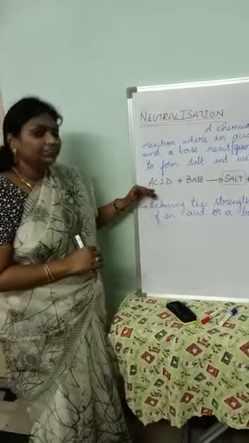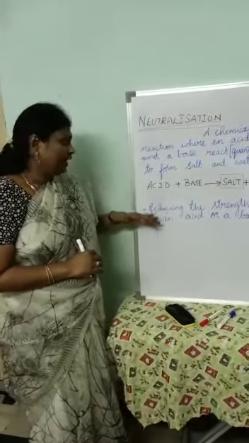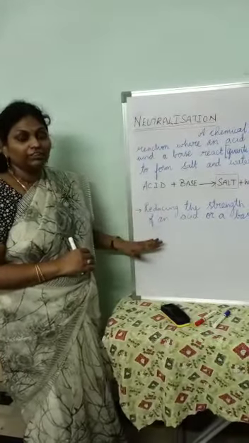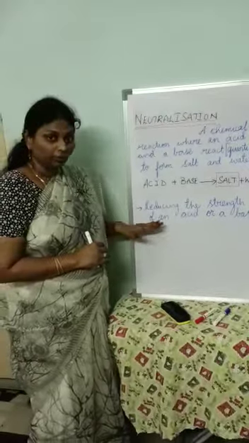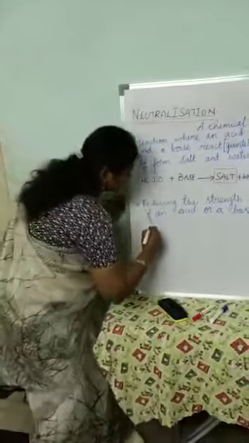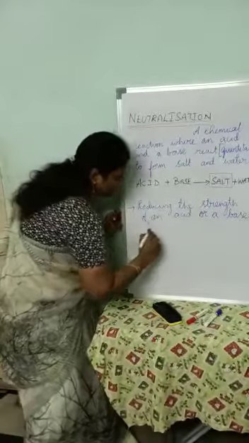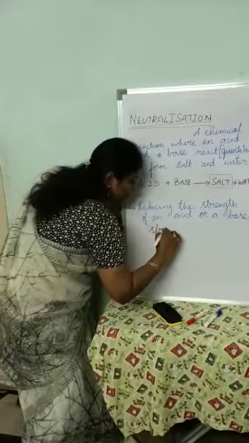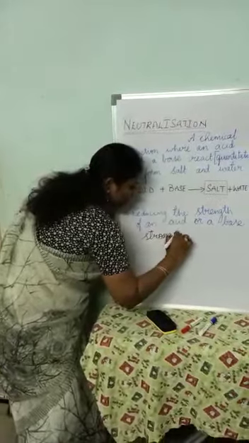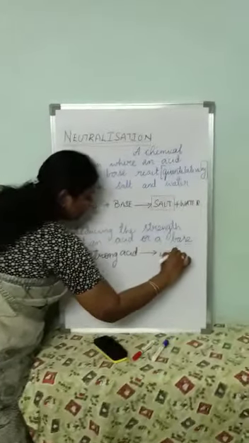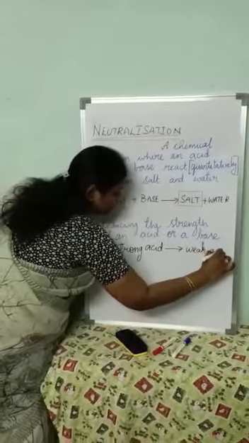So, in order to weaken the acids, we can add a base so that the strong acids become weak acids. So, in a neutralization reaction, it helps in reducing the strength of an acid or a base, wherein we can turn a strong acid into a weak acid by adding a base.